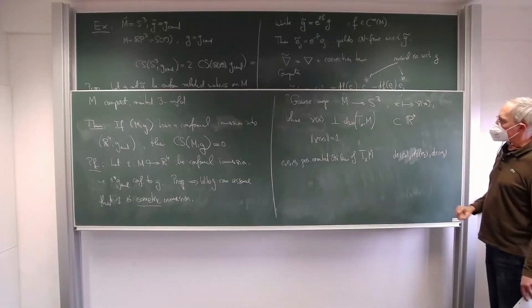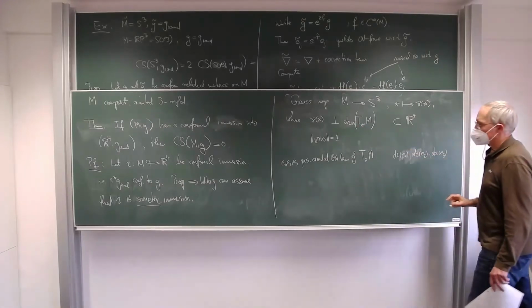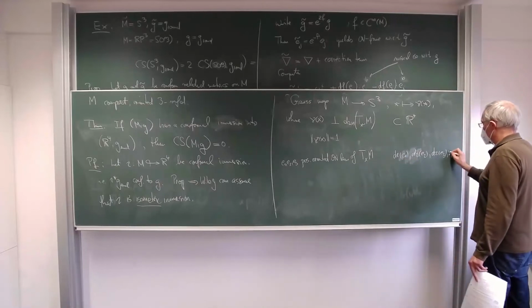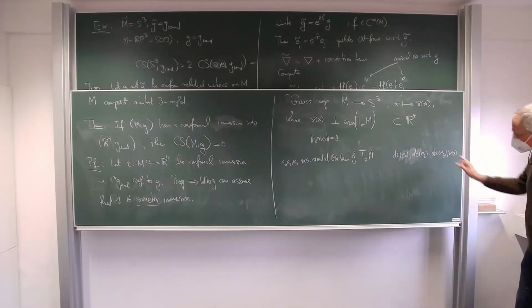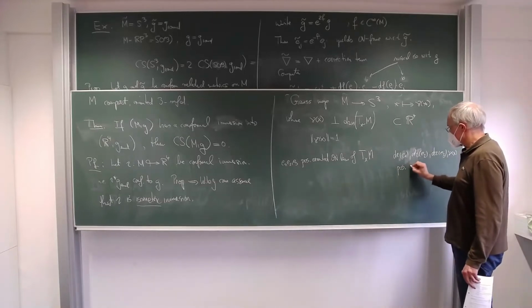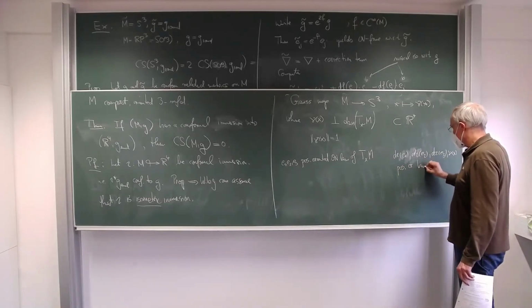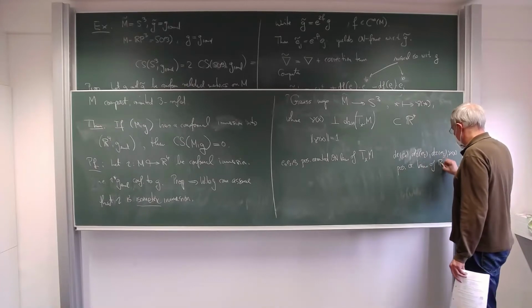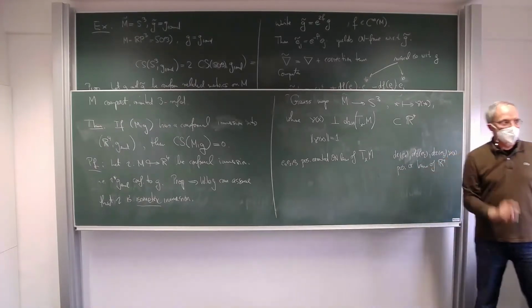So that gives me some basis of the image space, and I complement this with nu of x, then I demand that this is a positively oriented basis of R4. So that fixes the direction.